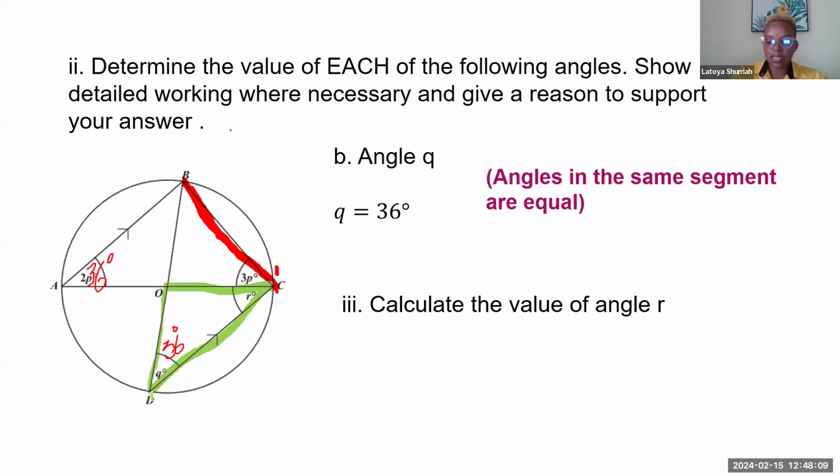OD is a radius. OC is also another radius, which means that this triangle is an isosceles triangle. For isosceles triangles, we know that the base angles are equal. Those base angles are identified as Q and R. We know Q already to be 36 degrees, which means that R is also 36 degrees.